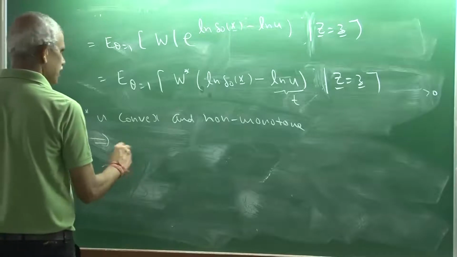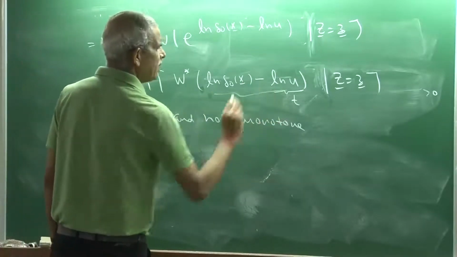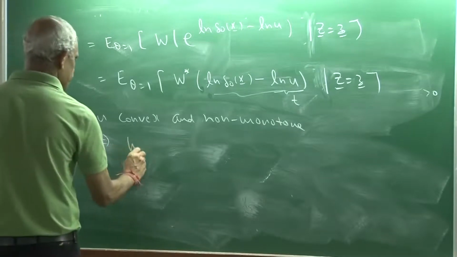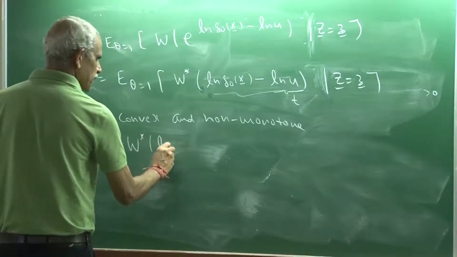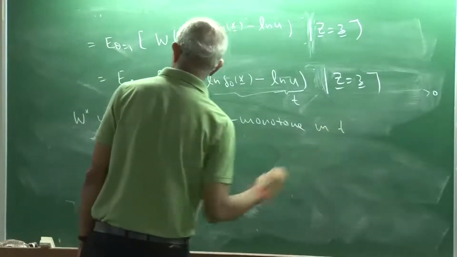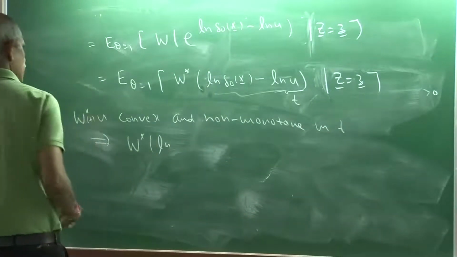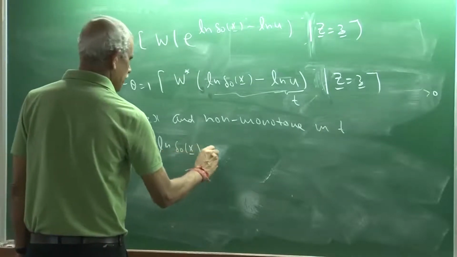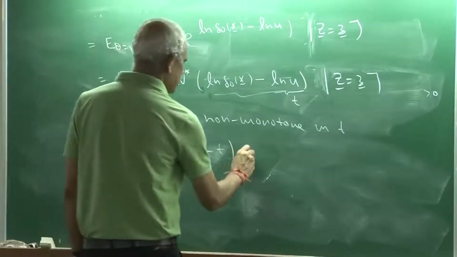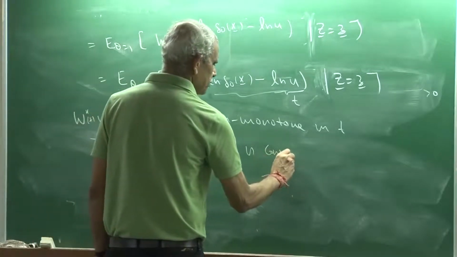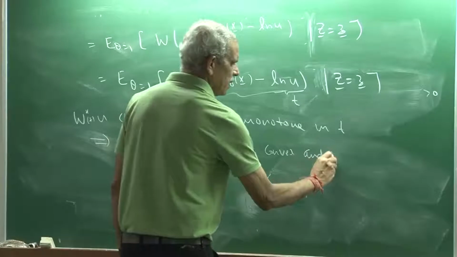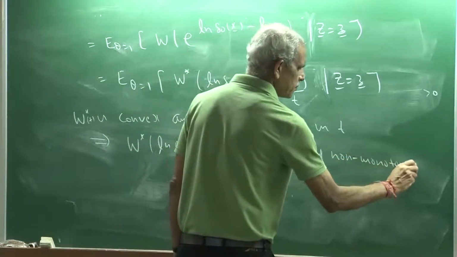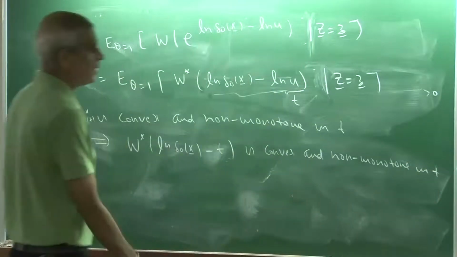This implies that this whole quantity, W star log of delta naught x minus t, is convex and non-monotone in t.